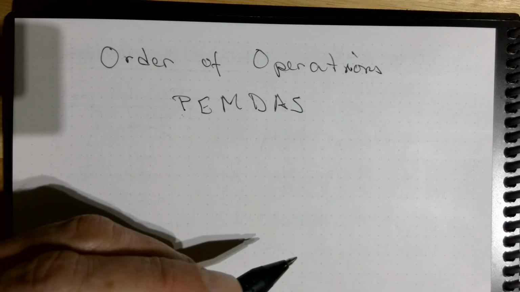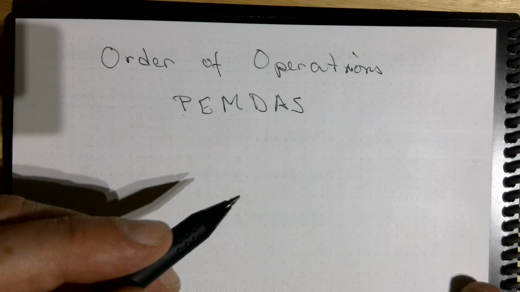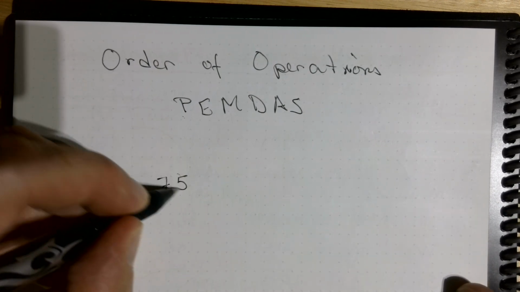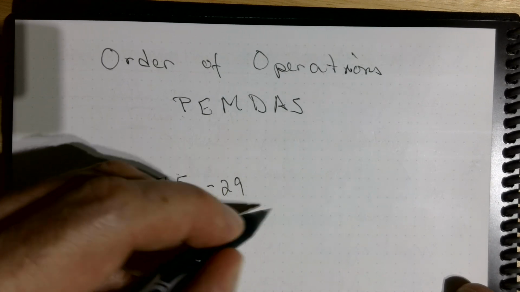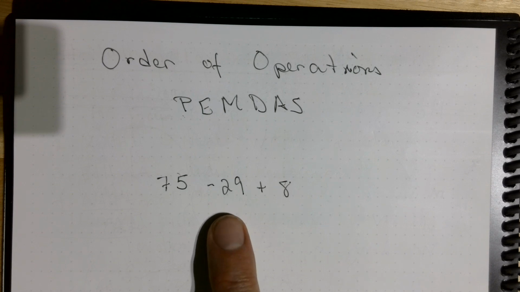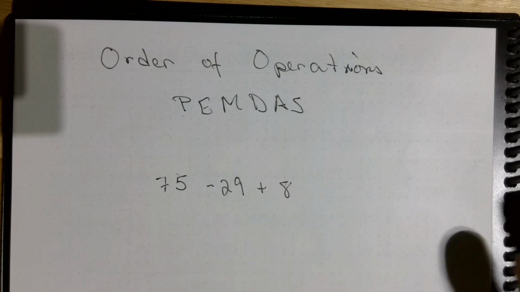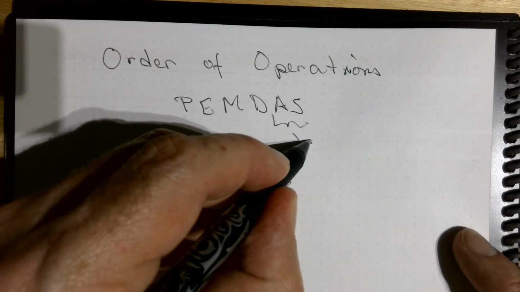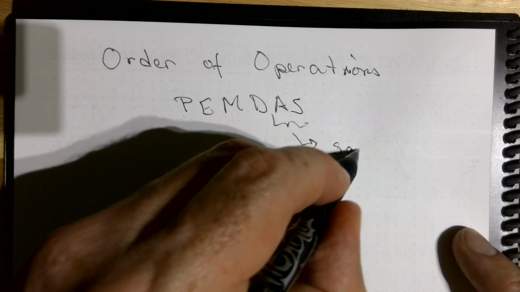Okay? They are on the same level. So if I were to do a quick example here, like 75 minus 29 plus 8, some folks might think I should do 29 plus 8. That's actually not right. The addition and subtraction here are on the same level.